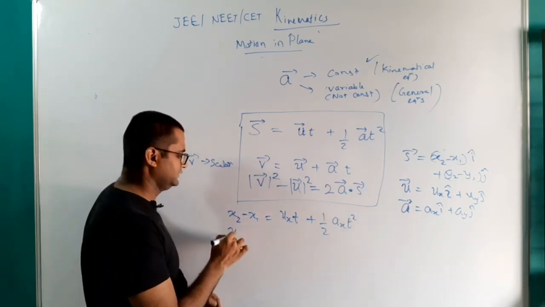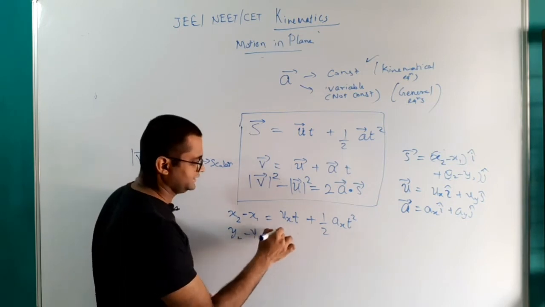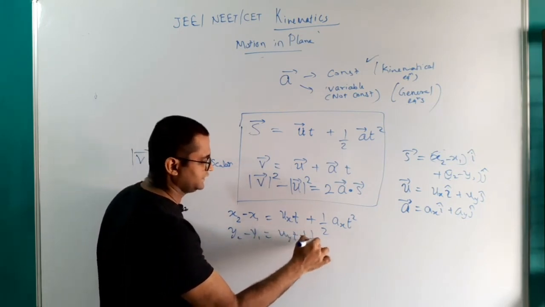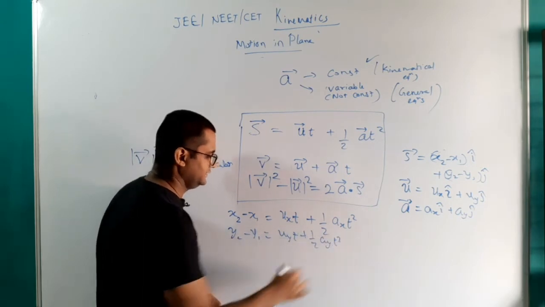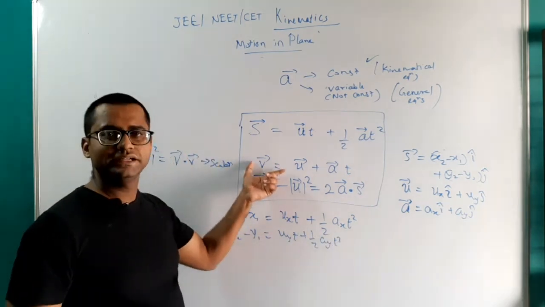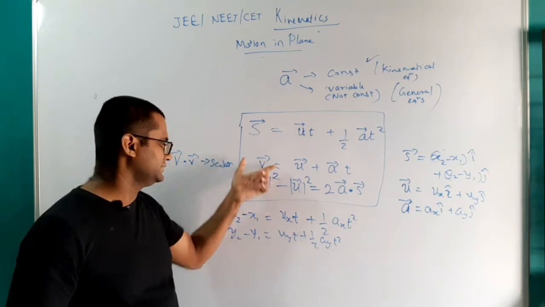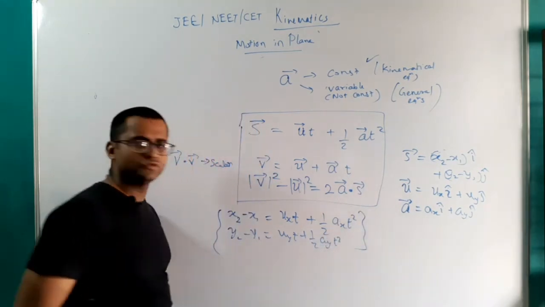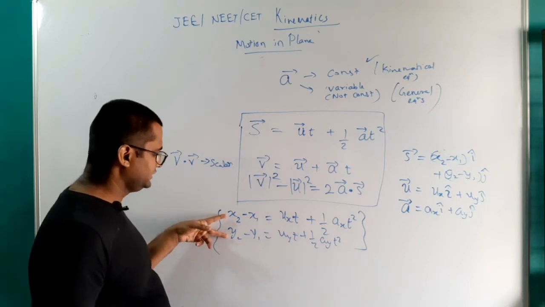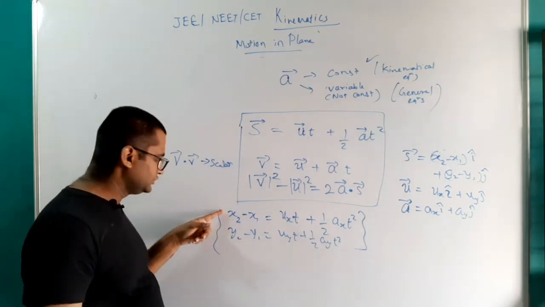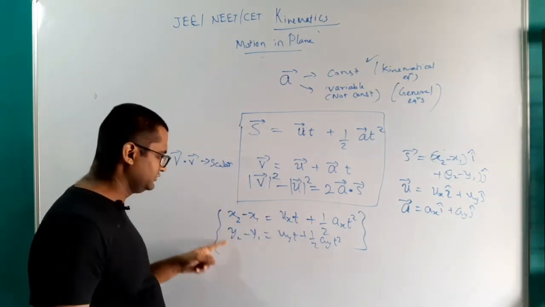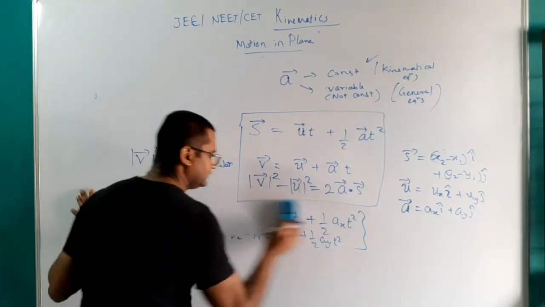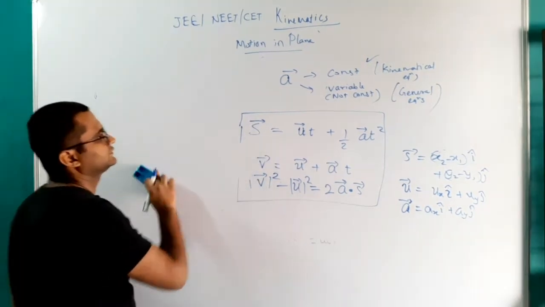In the same way, y2 minus y1 can be written as uyt plus half ay t square. In this way, we can also write the components of the other equation. So this is what we can do with motion in plane. We can split the motion into two separate motions: motion in a horizontal line and motion in a vertical line. So this is the story behind all our discussion.